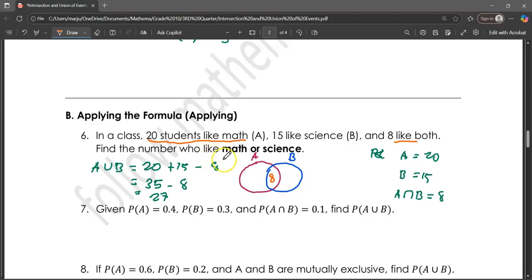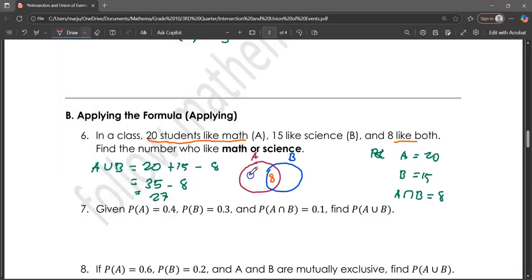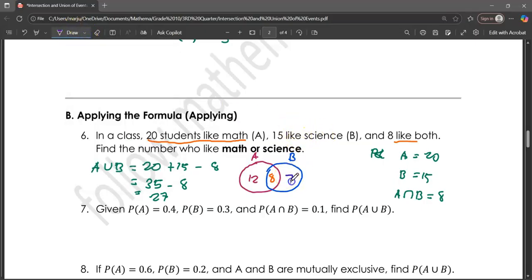So meaning to say, if this is your math, the violet circle, you don't write 20. You're going to write 12 here. Kasi nga, 12 plus 8 is 20. Sa kabila naman, sa blue one, you're not going to write 15. You're going to write 7. Okay? So if you're going to add everything, 12 plus 8, 20 plus 7, that is 27 students still. Alright? That will be your answer.